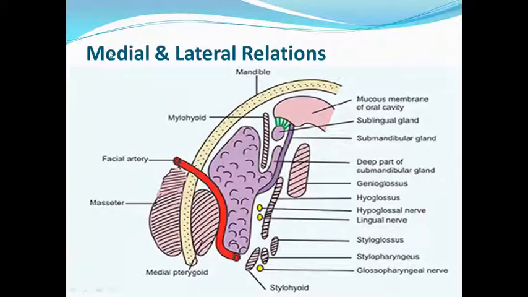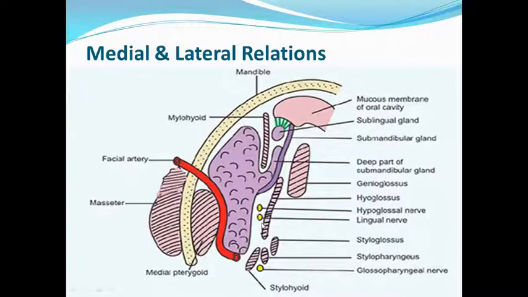Now talking about the relations of the other two parts, the middle part of the medial surface and the posterior part of the medial surface. The middle part is in relation to the hyoglossus muscle, the styloglossus muscle, the hypoglossal nerve and the lingual nerve.